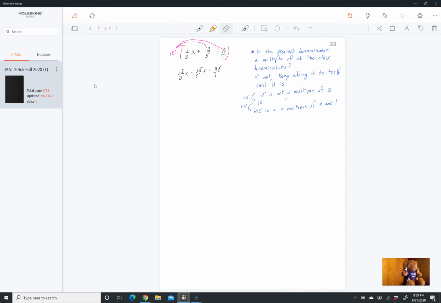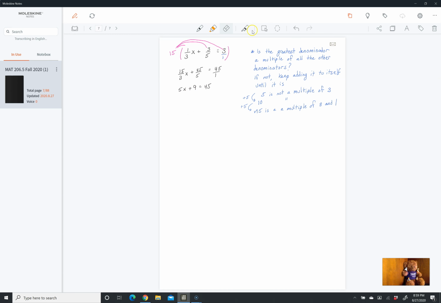Okay, again, remember that that's a 15 over 1. So what do we get? 15 over 3 is 5. 45 over 5, sorry, there's no x here. 45 over 5 is 9. And we get 45.